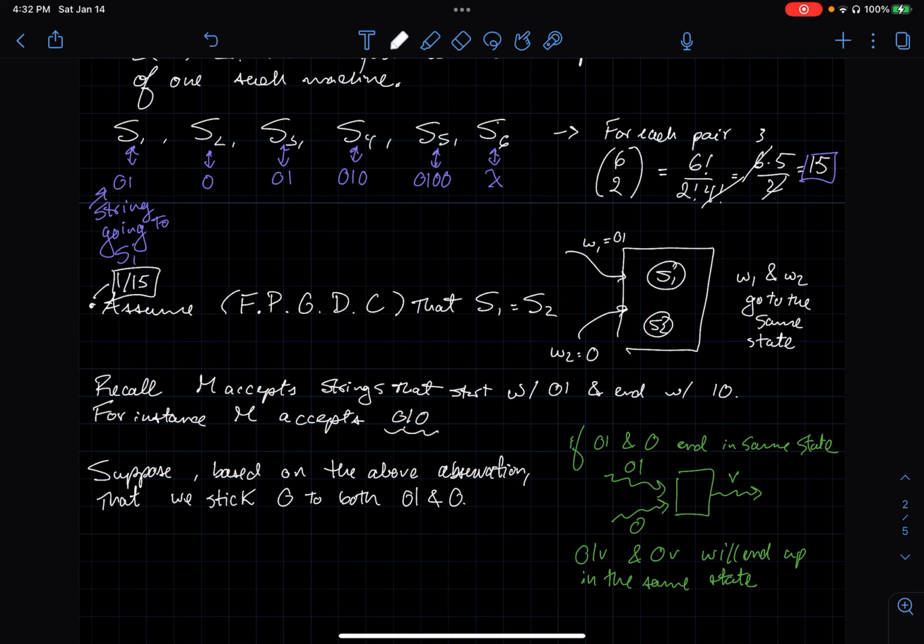So we have this new string v1, which is w1 concatenated with 0, and this new string v2, which is w2 concatenated with 0, right? So v1 is 0, 1, 0, and v2 is 0, 0.